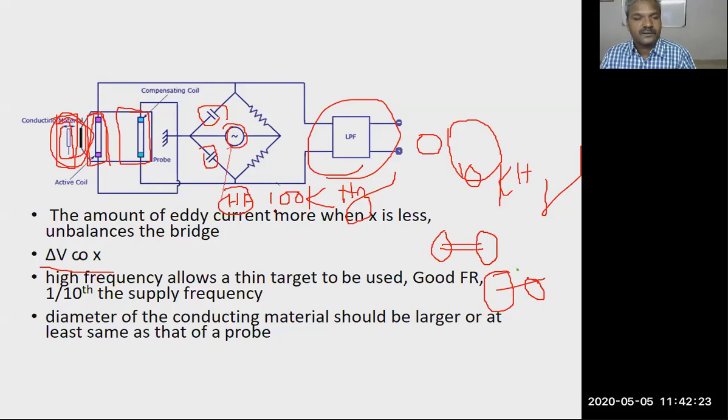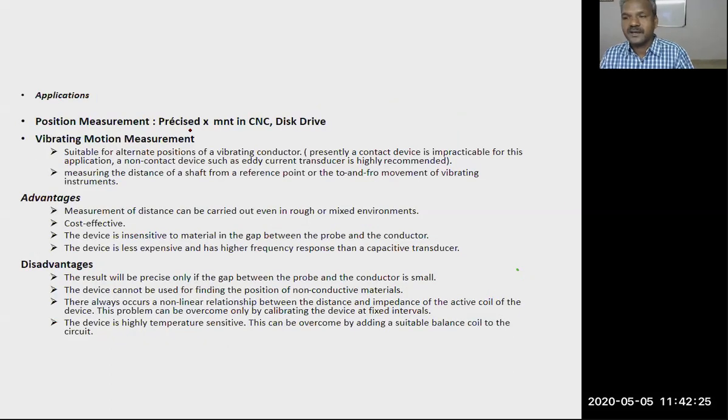The applications of eddy current transducers are for very precise position measurement. It can measure displacement in micrometers. So it is mainly used in CNC machines, computerized numerical control machines. It is even used in the disk drives in our hard disks in PCs or laptops.